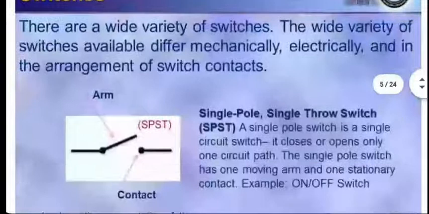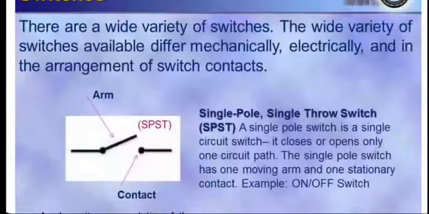There is a wide variety of switches. I was telling you already. The left diagram shows a single pole, single throw switch. The output position is one and input of course is one. This switch is either open or closed.